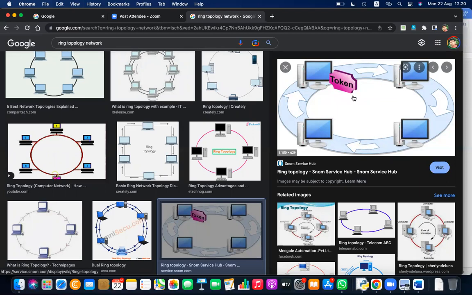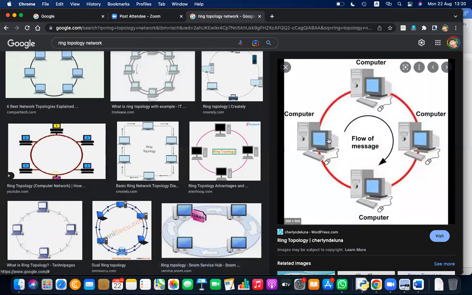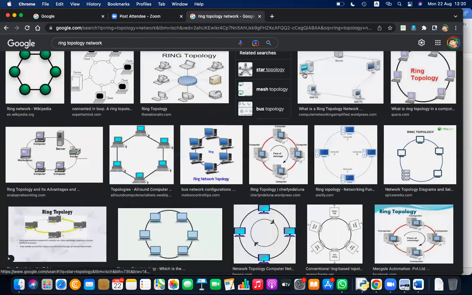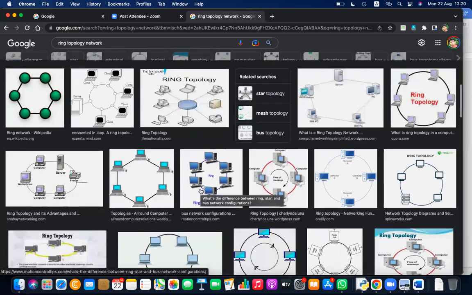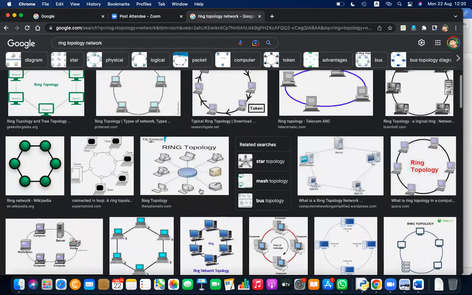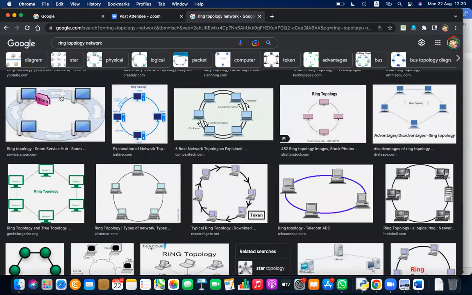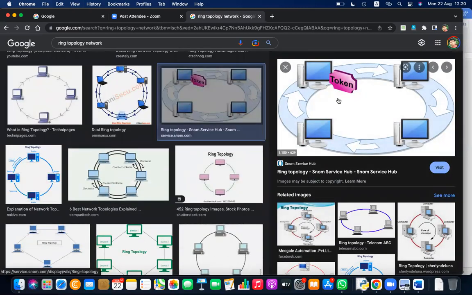The idea is the data circulates in a single direction, like clockwise or anti-clockwise. Data basically circulates in a single direction. Therefore, the computers must wait. Computers cannot communicate in an ad hoc manner. They must wait for the communication. There's something called a token.